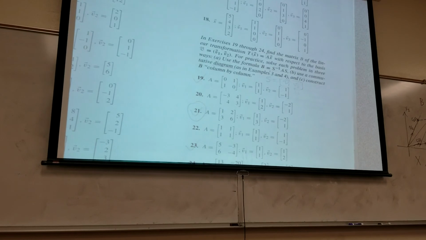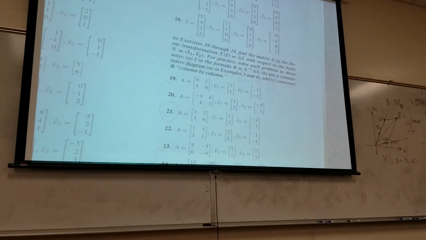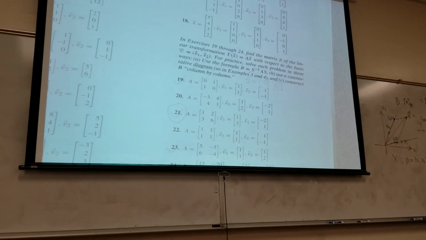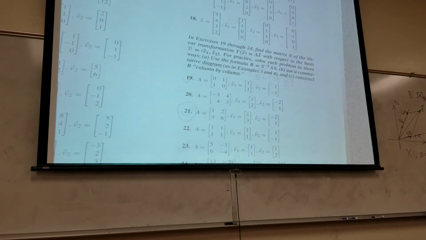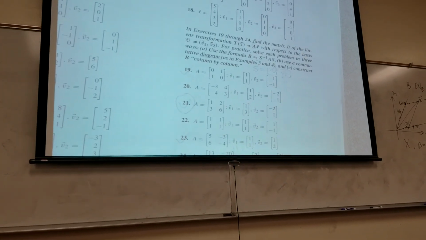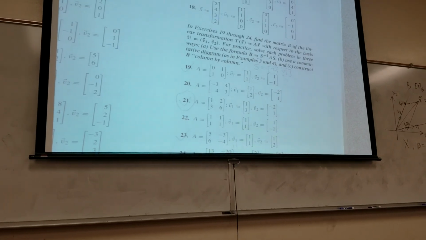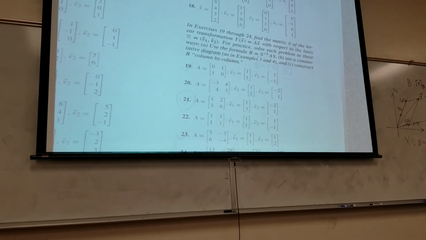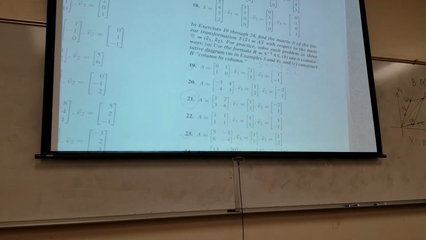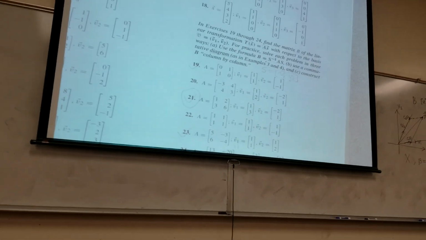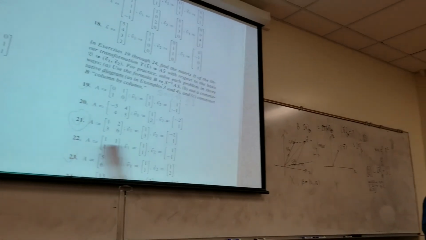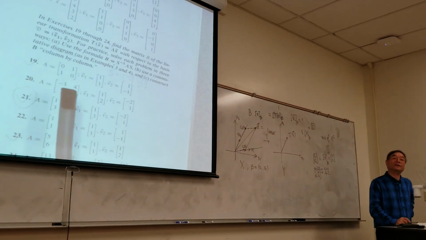You can pick a number. Okay? 22. Why? Because it came out of my brain. What's special about it? It's all ones. Okay, 22. It's fine. I'll work out this one, instead of examples 3 and 4.